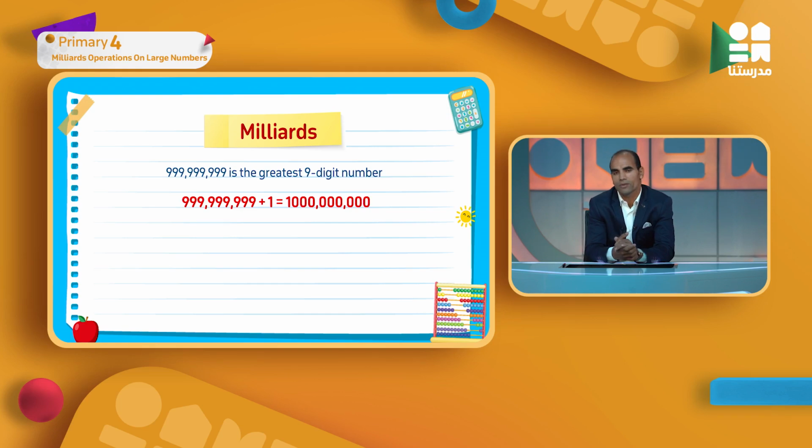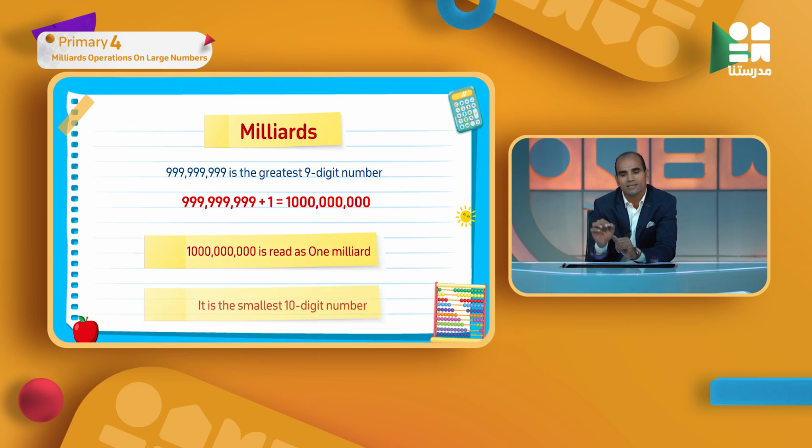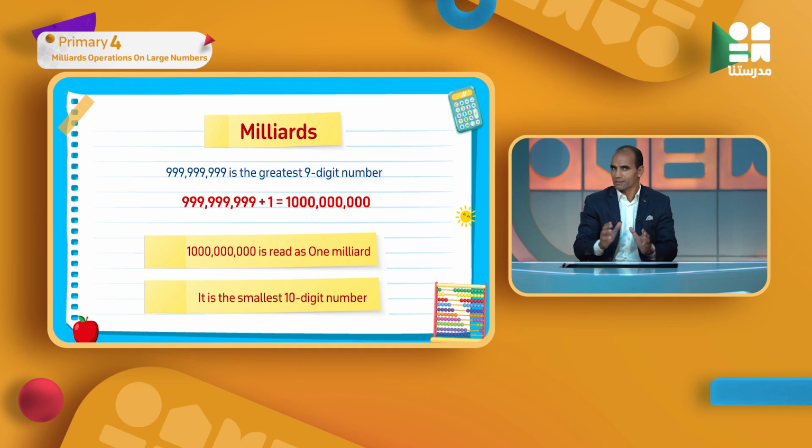So the milliard has 9 zeros, as you can see. And of course, we have 10 digits in this number. So 1 milliard is the smallest 10-digit number. Again, repeat after me. 1 milliard is the smallest 10-digit number. Of course, this is a question in your exam. The smallest 10-digit number is the milliard.